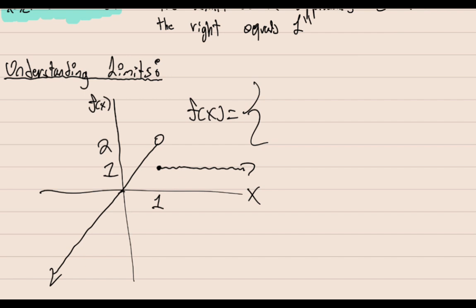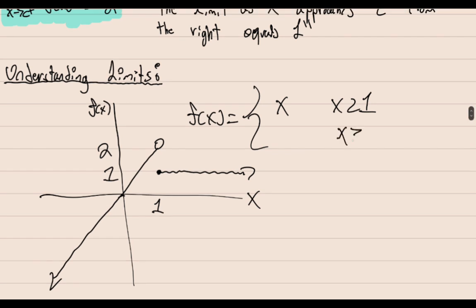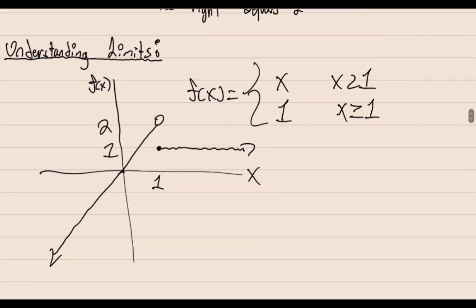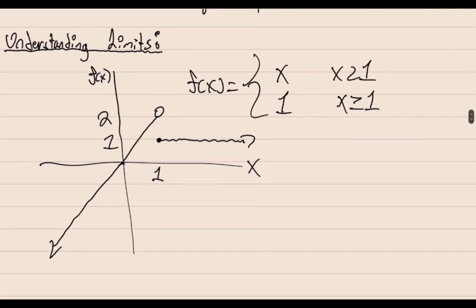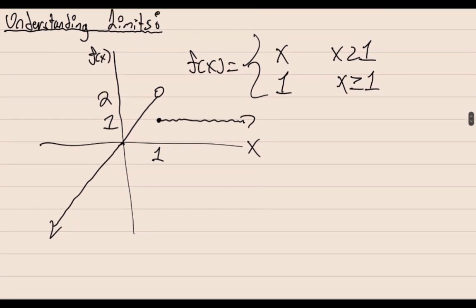For x less than 1, we just have the function x. And for x greater than or equal to 1, we have just the constant function 1. So this is known as a piecewise function. I believe we should know about this by now if you're in calculus already. I believe we go through that in pre-calculus or some other class before this.